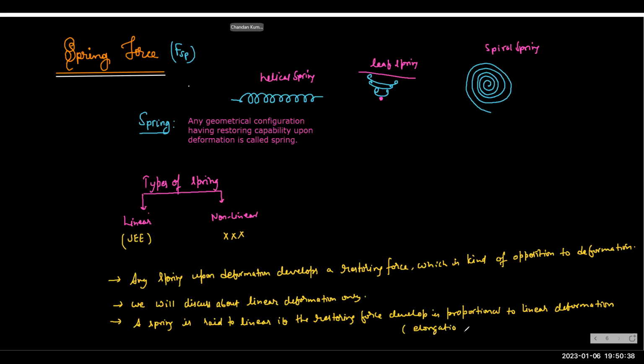So we have to only study two things. Either we are going to elongate the spring or we are going to compress the spring. Nothing else. We are not going to twist the spring. So as of now, we are not interested in twisting of a spring.